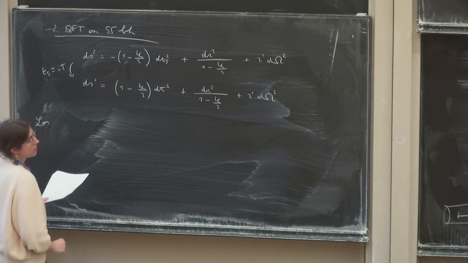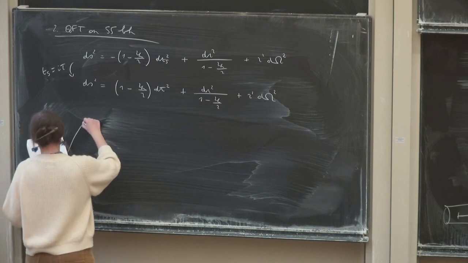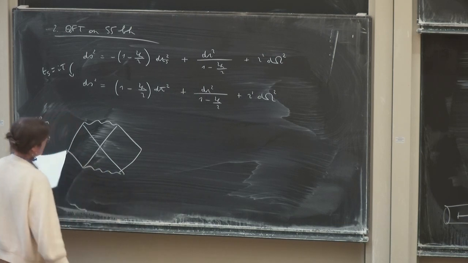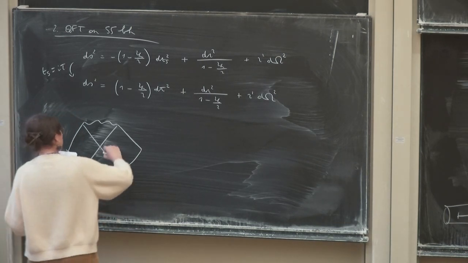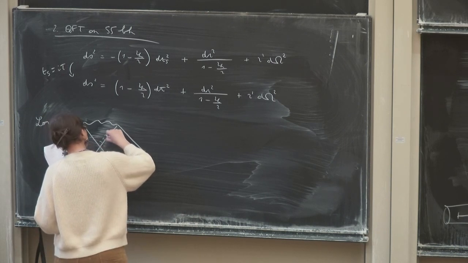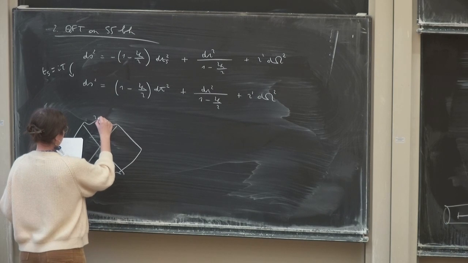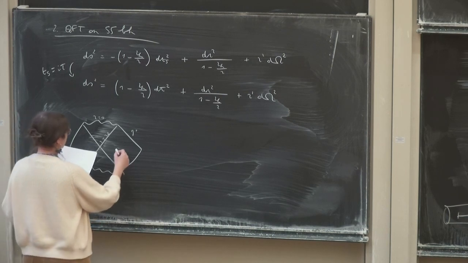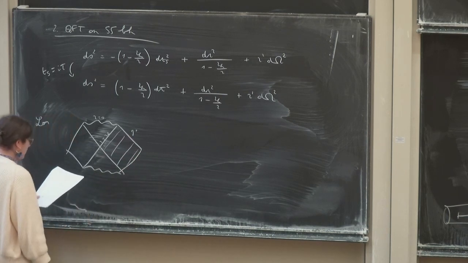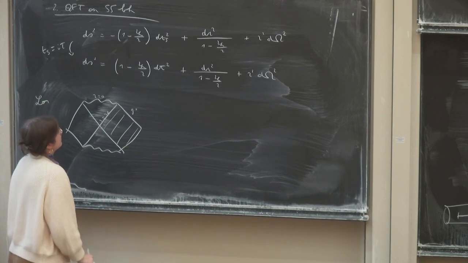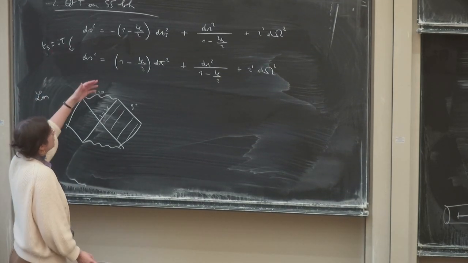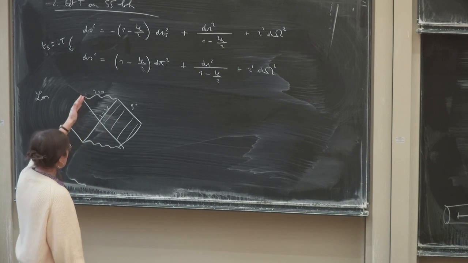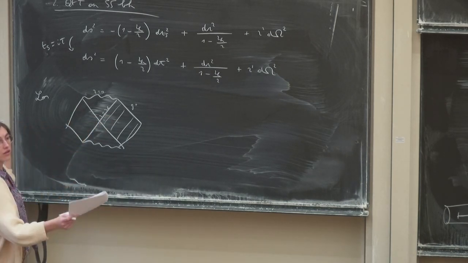So let me again draw a Lorentzian picture and a Euclidean picture. So, okay, this is the Penrose diagram of a Schwarzschild black hole. In the sense that this geometry is really like the Rindler-like coordinates that we had for Minkowski space, and is only covering one wedge of a bigger space-time.